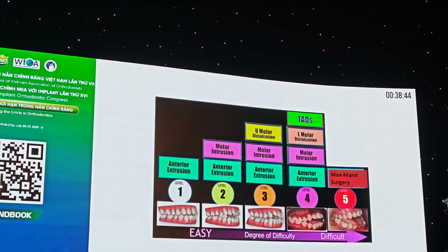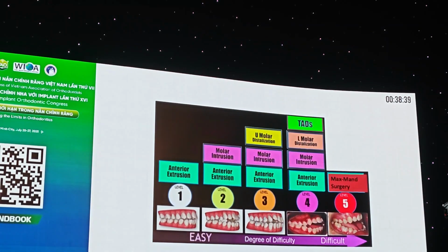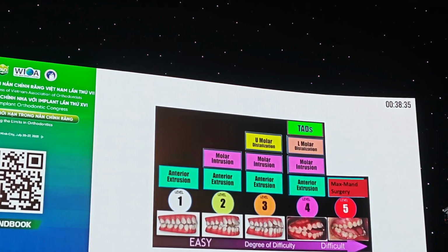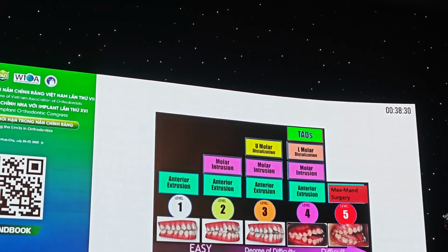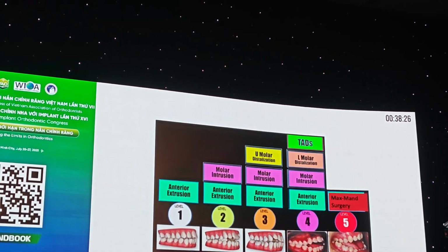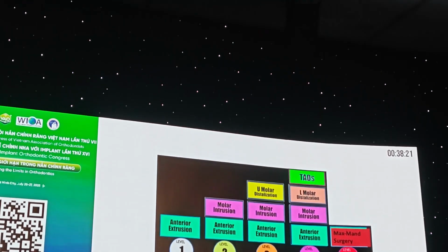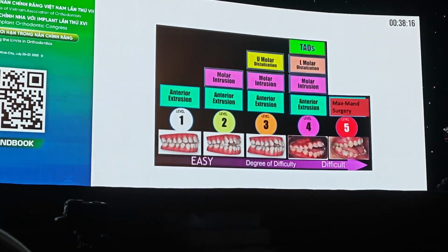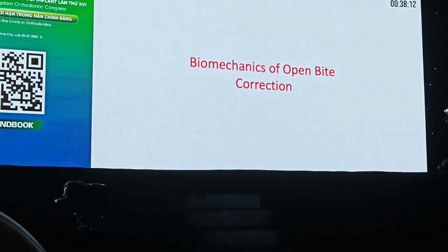If I have a more complicated problem, I may need some distalization, some different movements. Or I'm going to need TADs. But I can use TADs here too. The nice thing about TADs is I can use them in any type of situation, easy to difficult. This is how I look at it. Where does this patient fit in? Is the problem dental, skeletal, or soft tissue, or a combination of all these things?